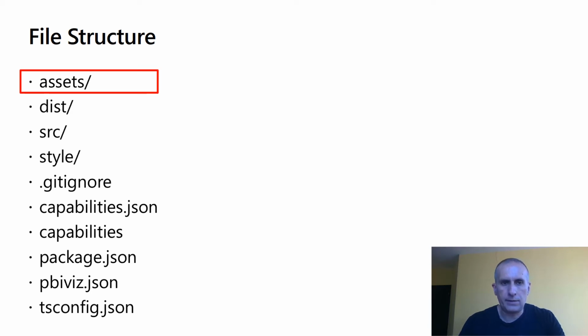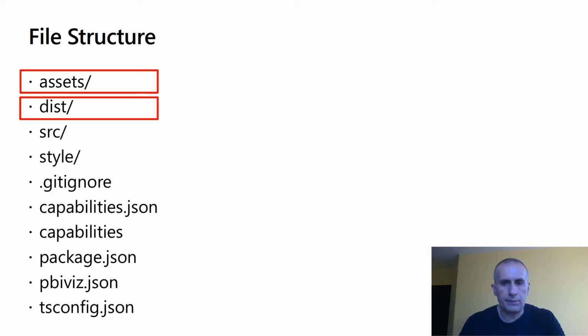Assets actually includes all content which is related to icons, screenshots, and can be used in your custom visual. Especially for icons, it is the place where you need to put your images which will represent icons in the visual palette.